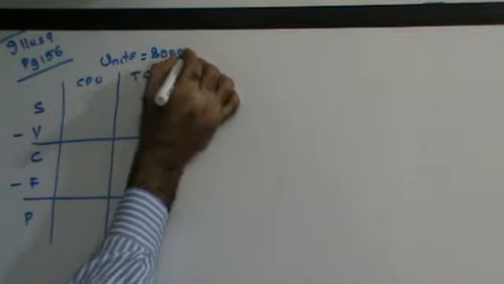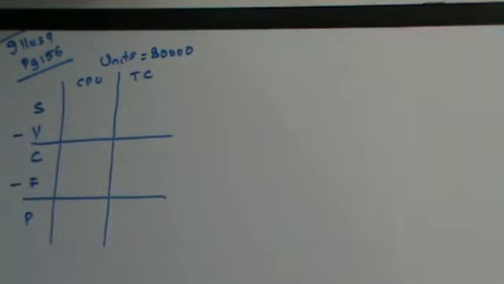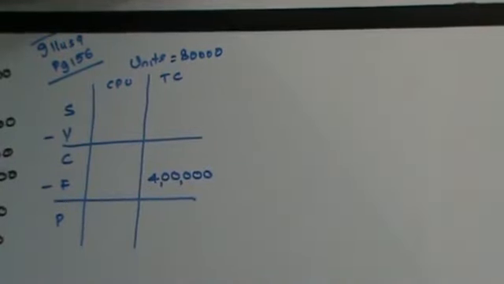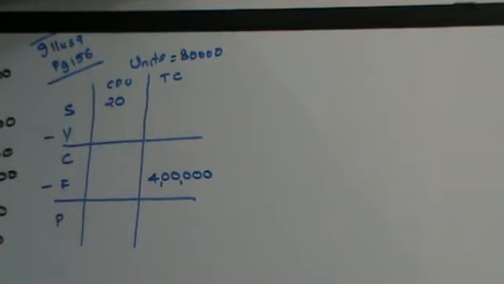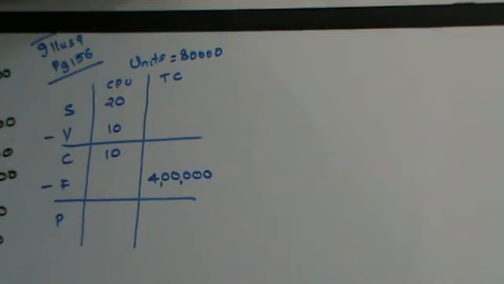Units are given to you as 80,000. Fixed cost is given to you as 4 lakhs. Right? Selling price per unit is given to you as 20. Variable cost per unit is given to you as 10. Very simple. 20 minus 10, sales minus variable cost will give you contribution.